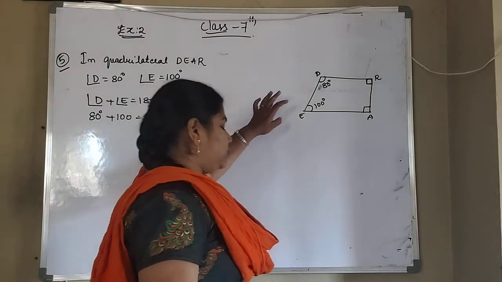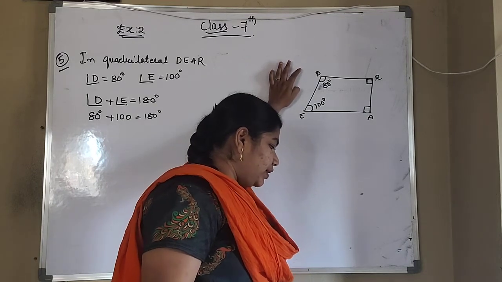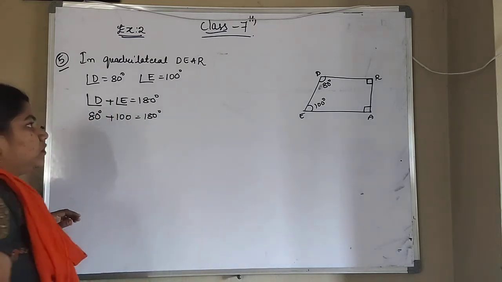If you add these two, you get 180 degrees, because D and E are interior angles on the same side of the transversal.